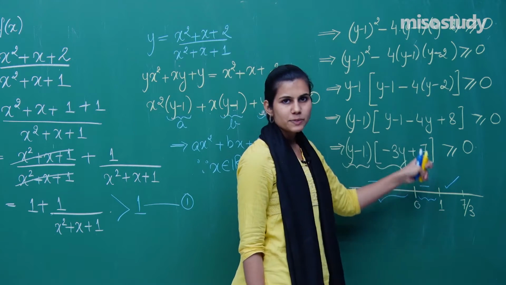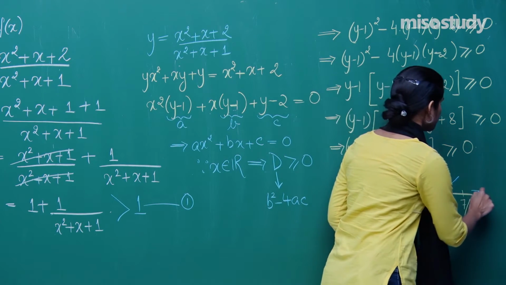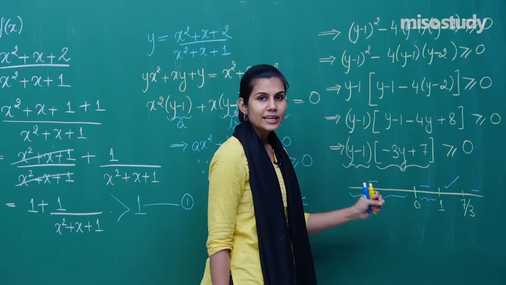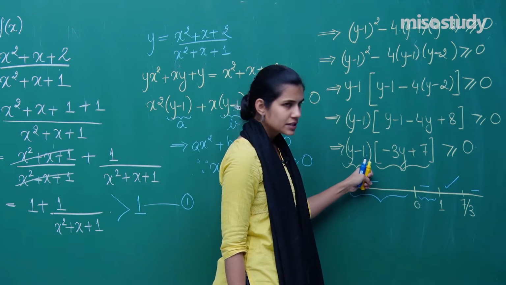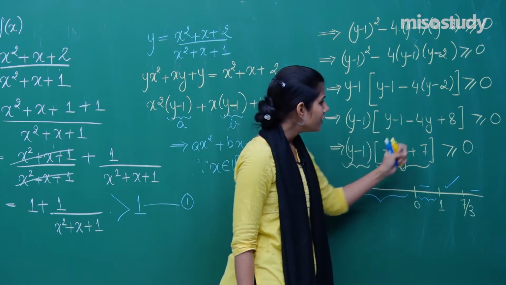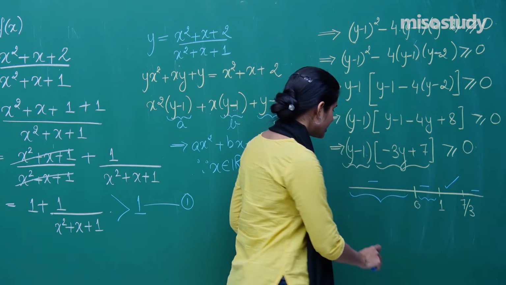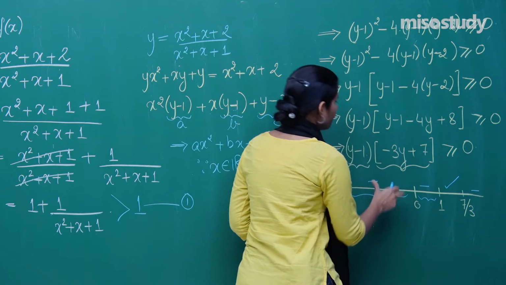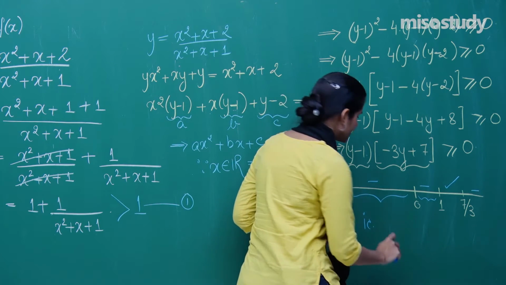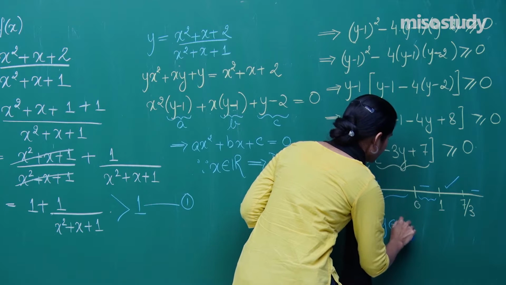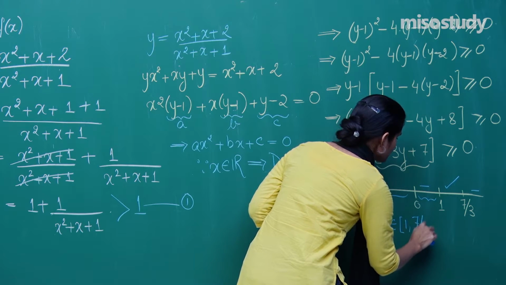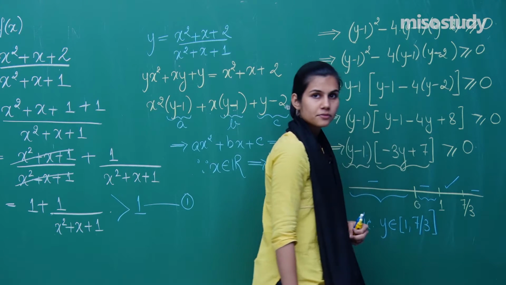It will make the expression negative. So the only values of y which when substituted in this expression deliver non-negative results is this range. That is, for this expression to be non-negative, y should come from 1 to 7 by 3.